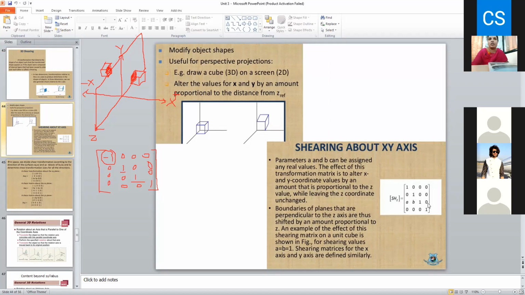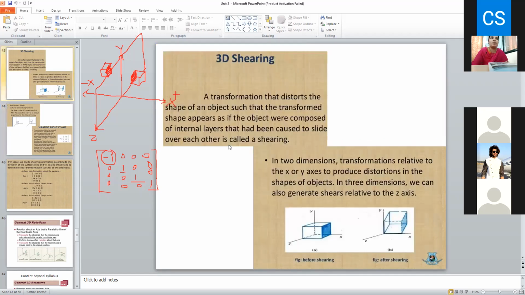If the second row has non-zero elements, then it is shear along Y. And if the first row contains non-zero elements, then it is shear along the x-axis. Only these three things are there in shearing. Shearing will cause deformation in the shape of the object. Distortion in the shape of the object.